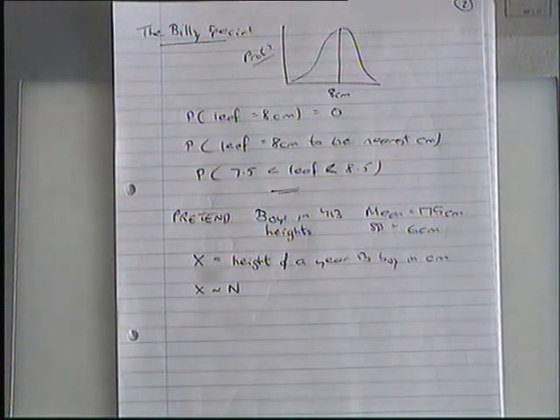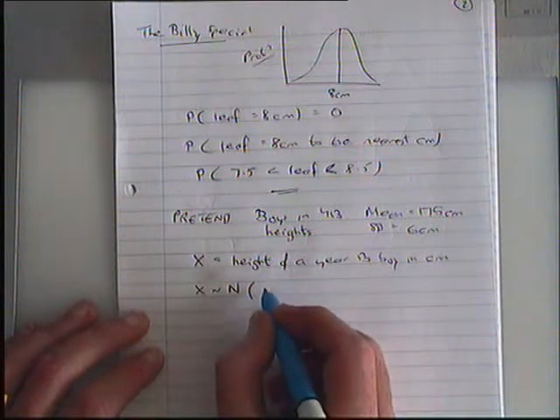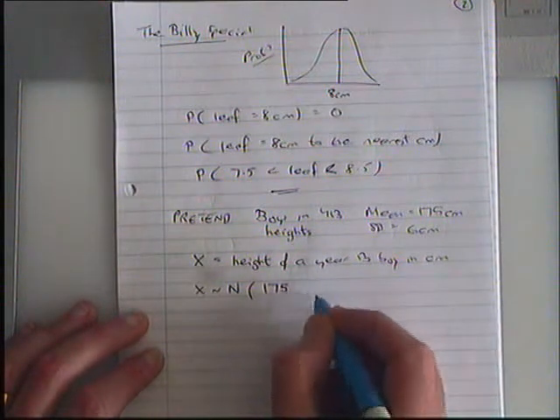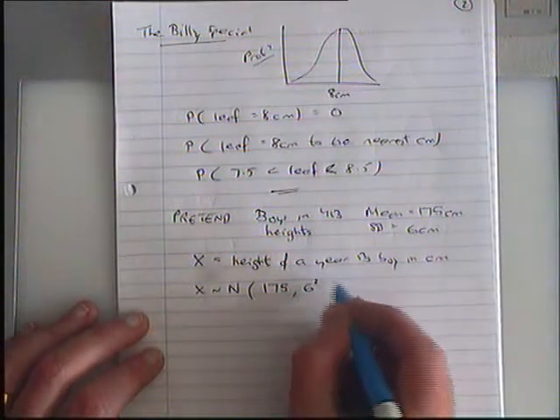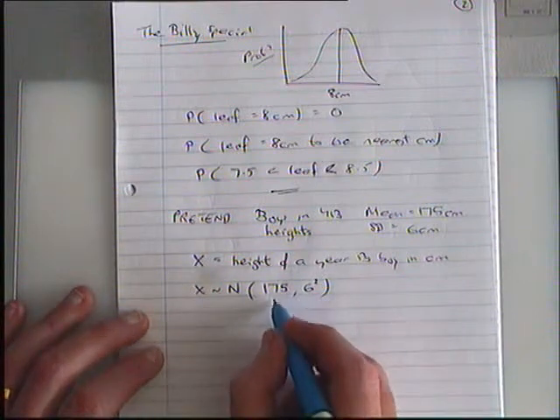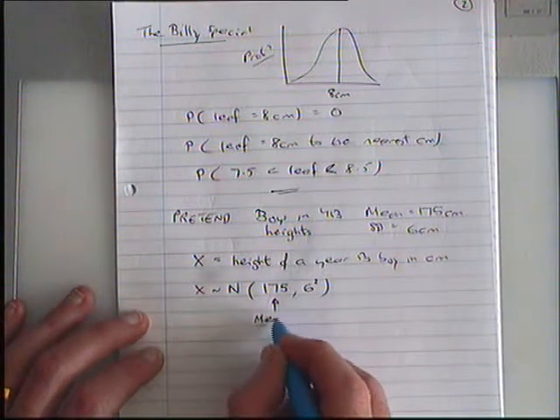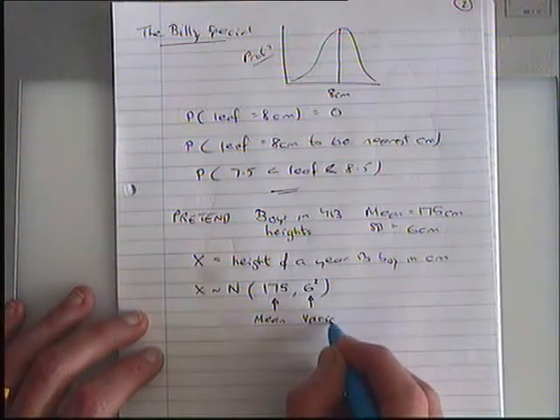When we did the Poisson, we had a Po, then a bracket, and what went in? The lambda. That's right. For the normal distribution, what goes in is the mean and the variance, not the standard deviation. So the first number is the mean, the second number is the variance.